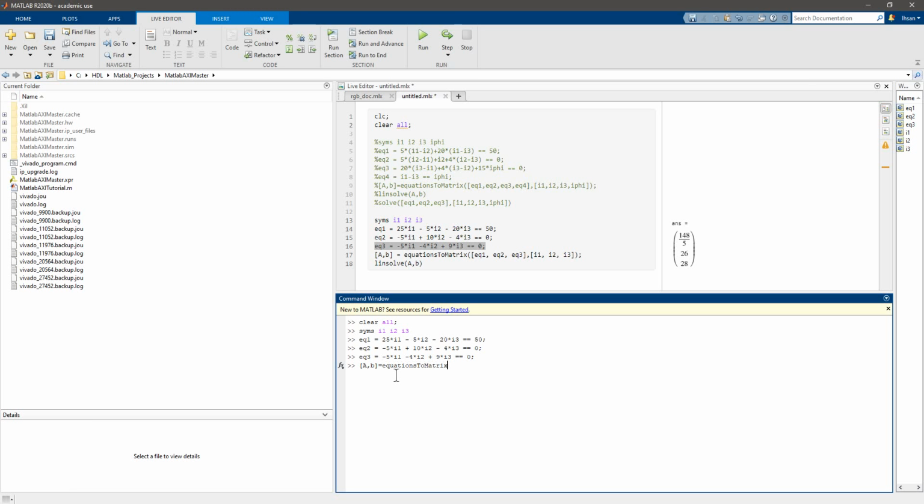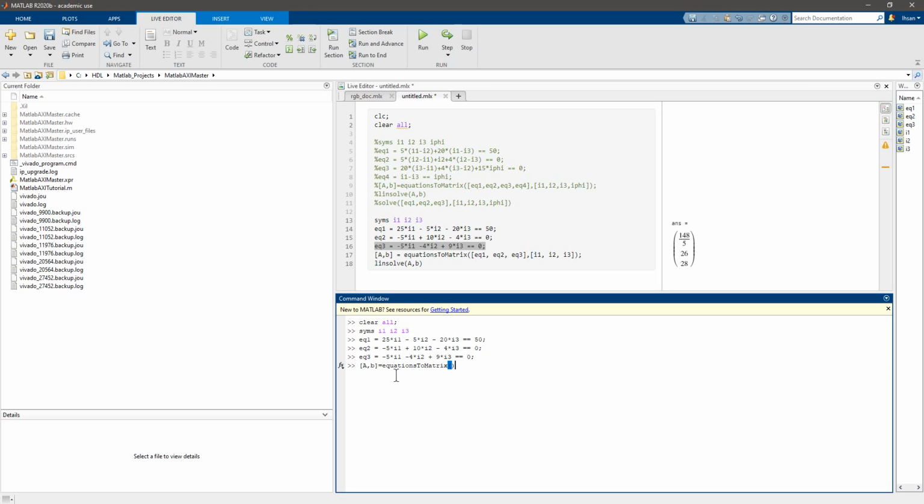This is a function that transforms the set of equations into the matrix form, and there will be two matrices, and they will be automatically assigned to A and B. So at the end of the day, we are going to get a big A times X equals B kind of a matrix system in the context of MATLAB.